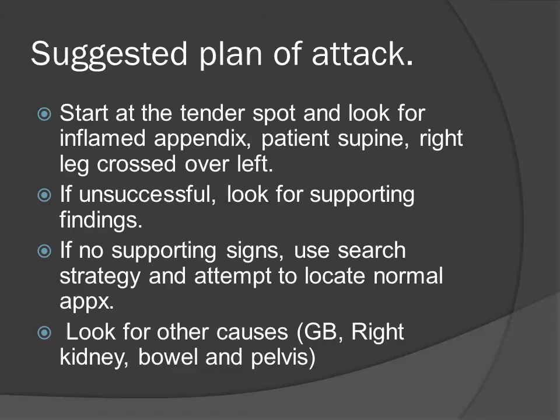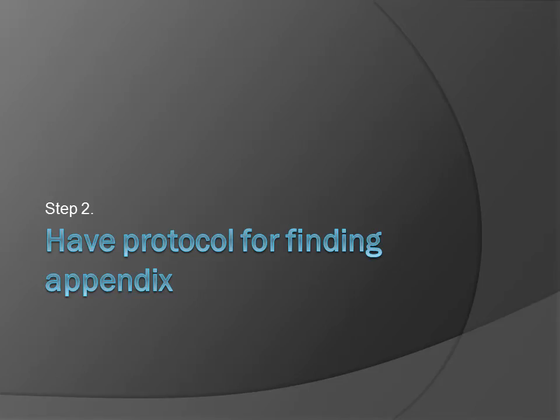If you're still unsuccessful and still have more time in your busy emergency department, it is useful to look briefly at the gallbladder, the right kidney, perhaps at bowel wall and at the pelvis.